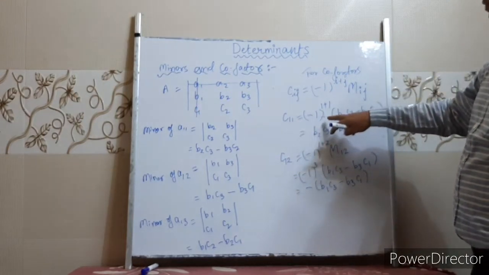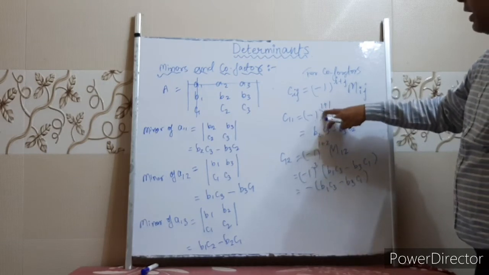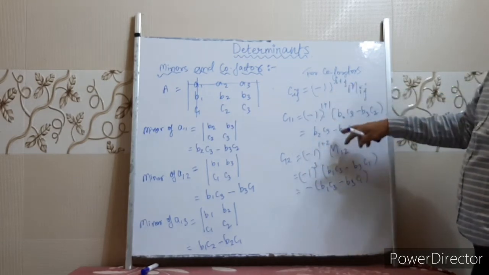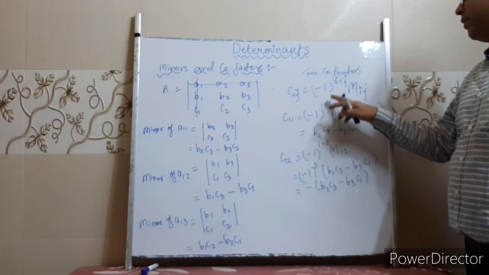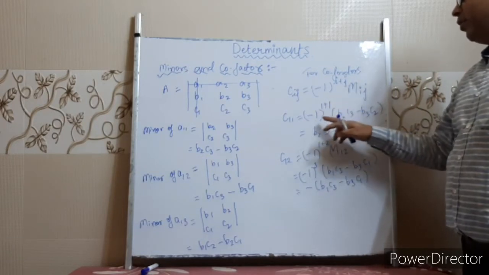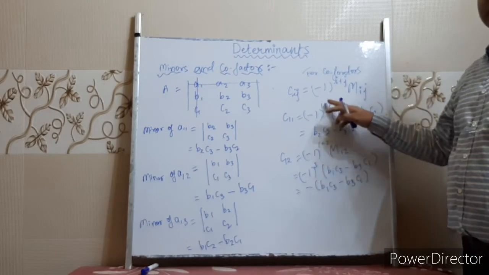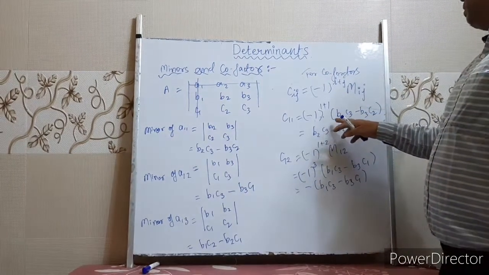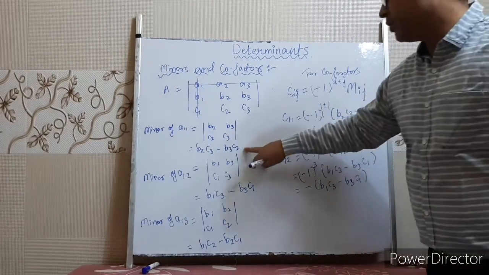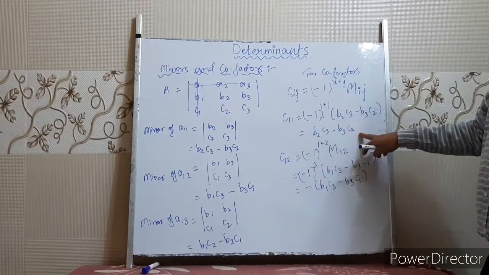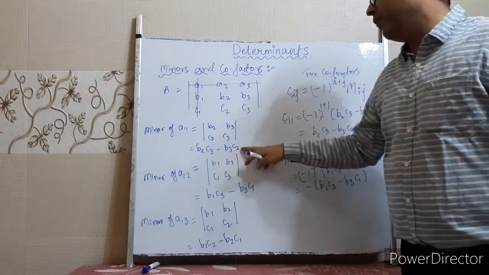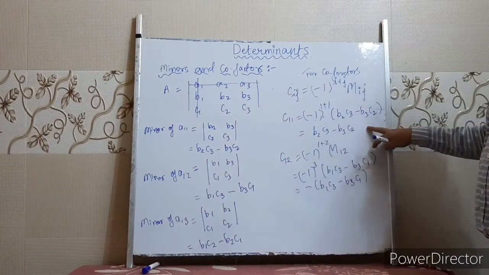So we put 1 and 1 in place of i and j, and it becomes minus 1 to the power 1 plus 1. We know minus 1 squared is plus 1, right? And the minor of first row and first column is this. So the cofactor and minor for the first row and first column are the same.